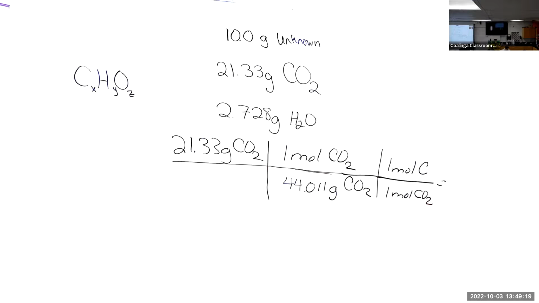Okay, so what do we got? 4.846 moles of carbon. Do I round the 6 to a 7, or the 6 to the 5 next to it?